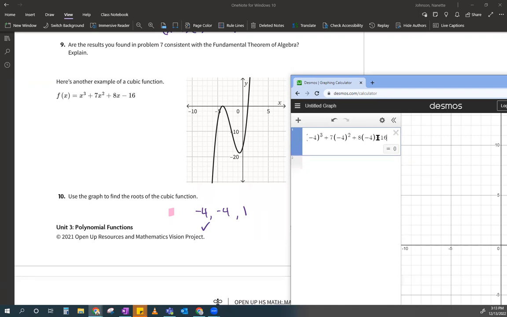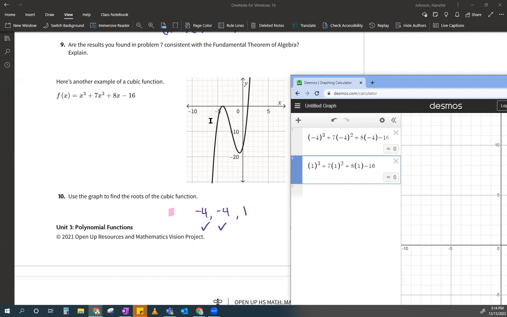And then I'm going to copy this equation and type in 1. You guys are thinking, oh, but Ms. Johnson, couldn't you have just graphed it? Yes, but I also want you to connect the idea that when I plug in a root, I should get out 0, implying that this is in fact an x-intercept.